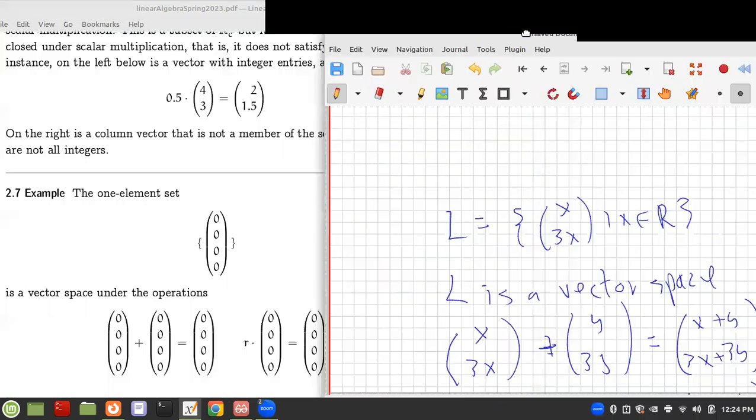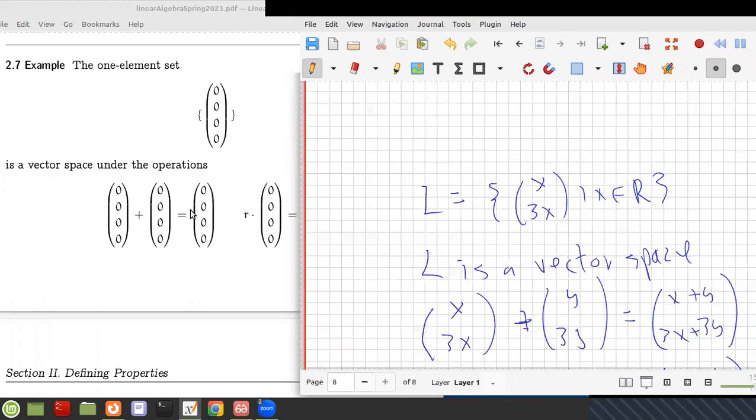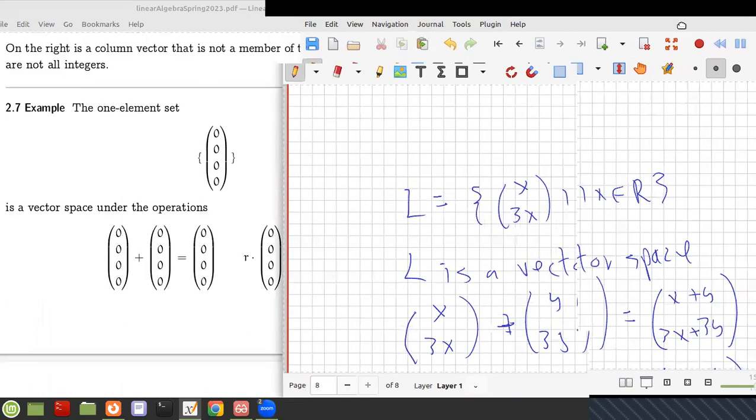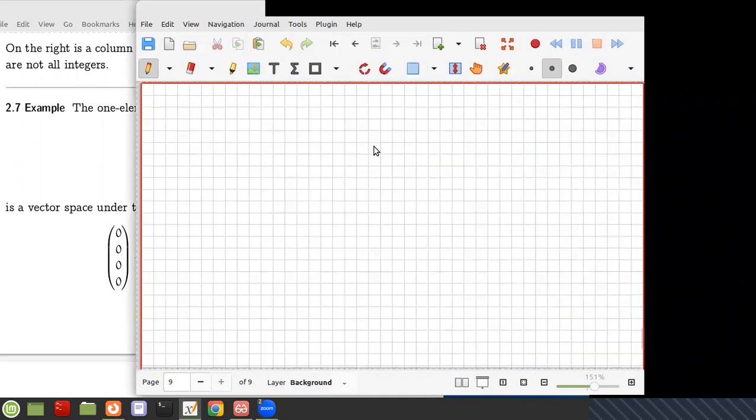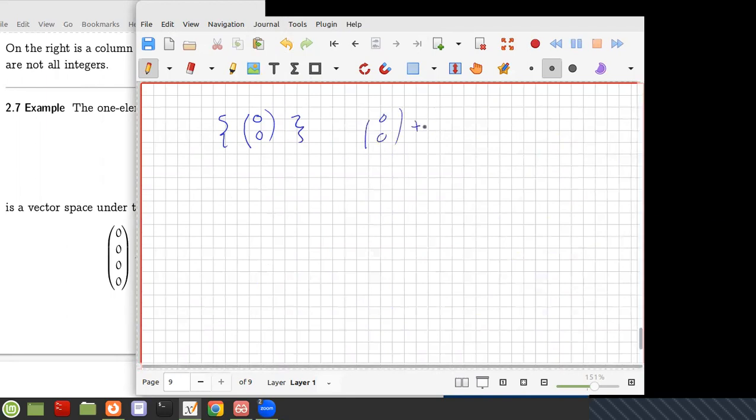Okay, now here's another example of a vector space we haven't come across, which is interesting. We can have the zero space, which is just this set here, (0, 0). That's a vector space. It only has one element. It's the only vector space that has one element. We can see that, well, 0 plus 0 equals 0, right?